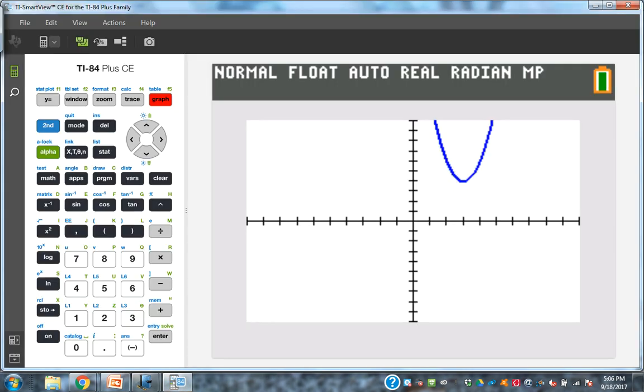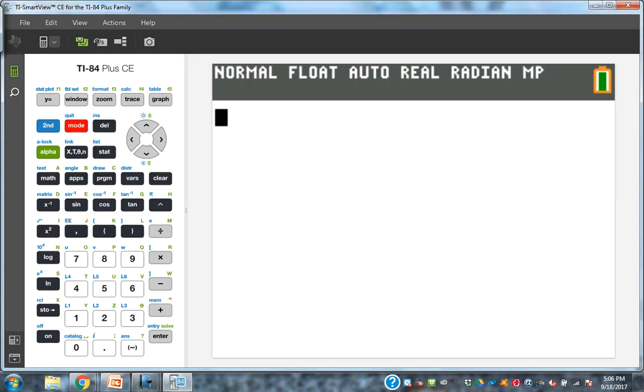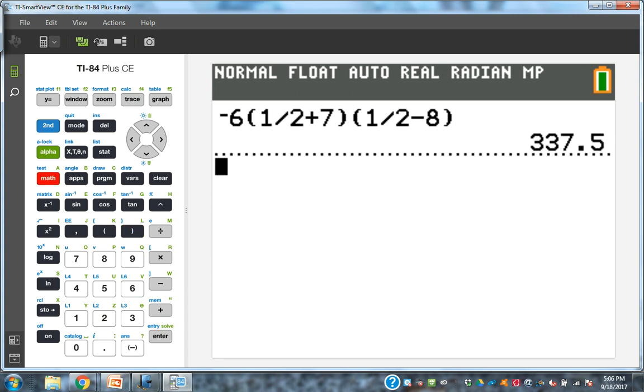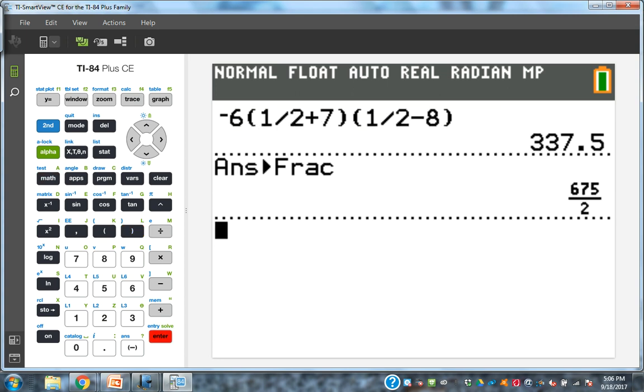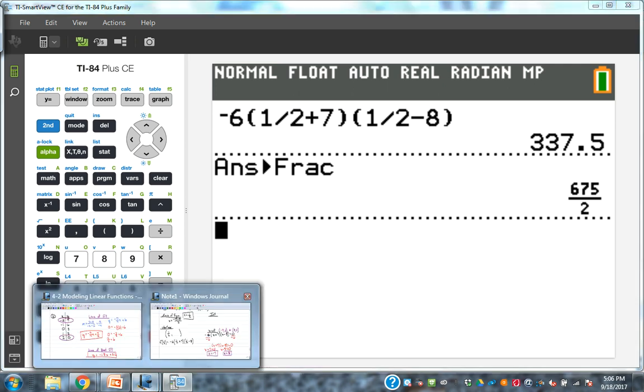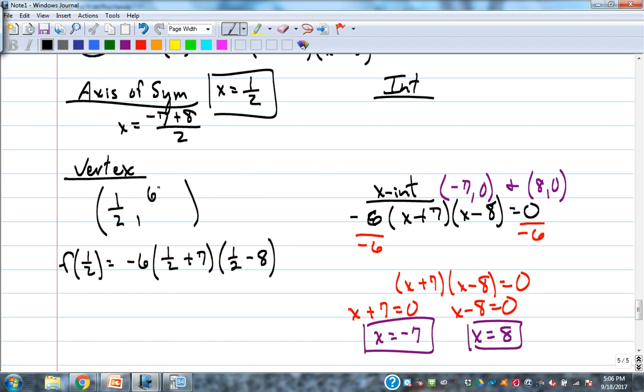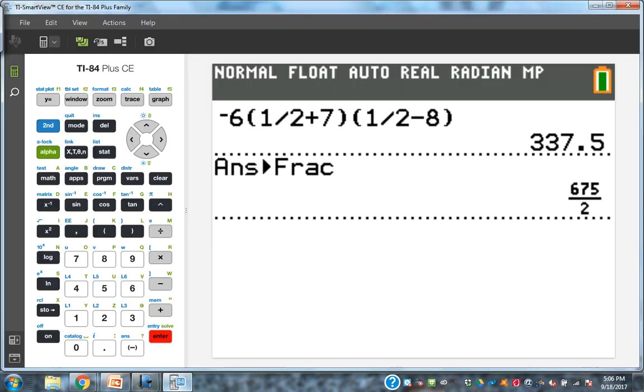I'm going to type -6 times (1/2 plus 7) times (1/2 minus 8). There. And I'm going to hit math, enter, enter. Ooh, 675 over 2, which as a decimal is 337.5.